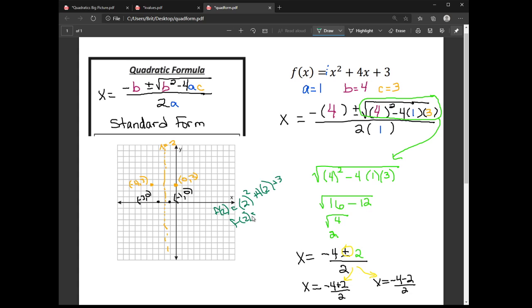Okay, so negative 2 squared is a positive 4. And 4 times negative 2 is a minus 8, plus 3. So that gives me negative 4 plus 3, which is negative 1. So our vertex is here at negative 2, negative 1.